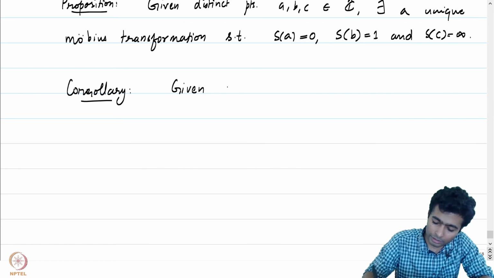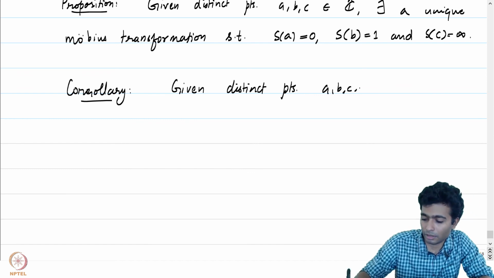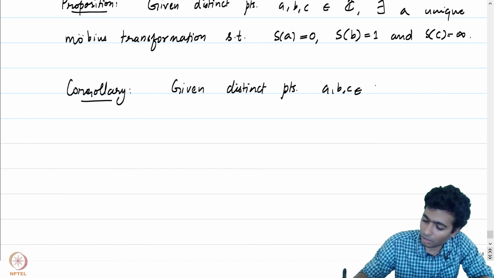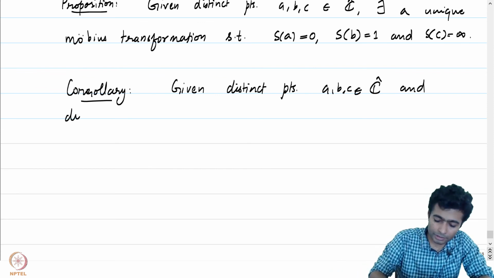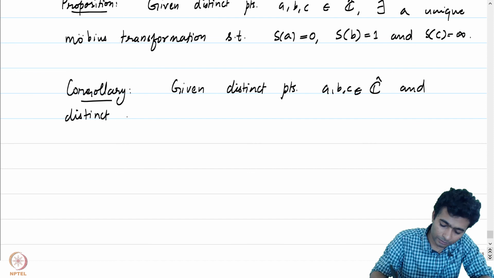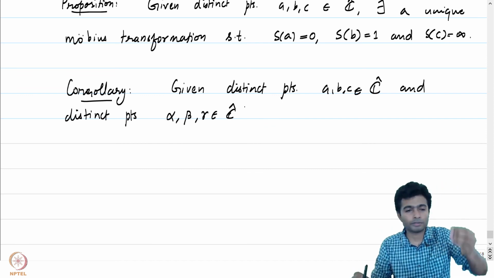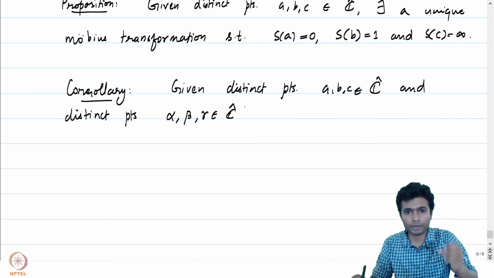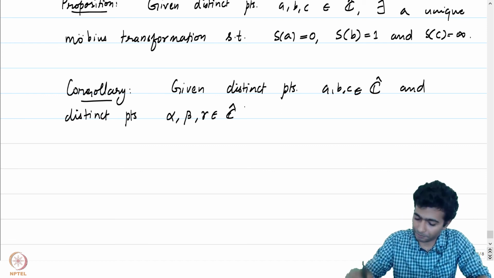Given distinct points A, B, C in C hat and distinct points alpha, beta and gamma in C hat, there exists a unique Mobius transformation which maps A to alpha, B to beta and C to gamma.